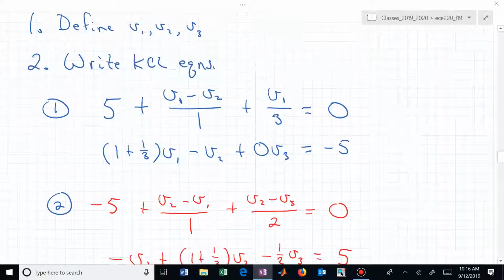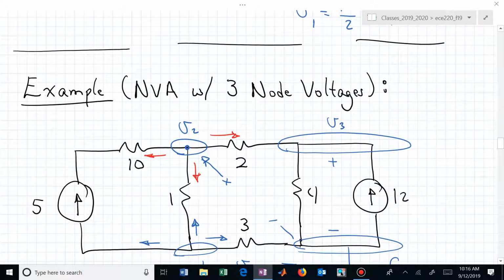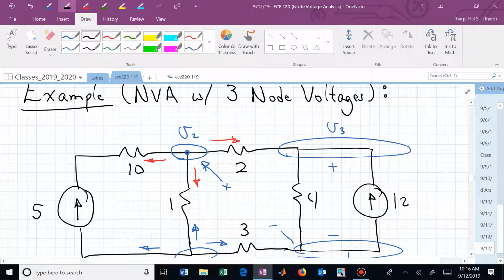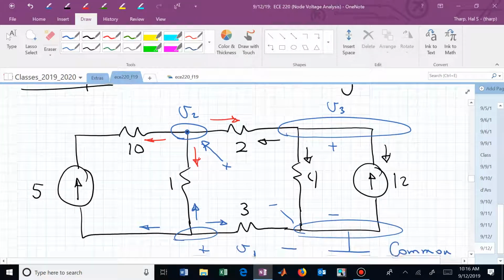What about node 3? Node 3, I have this current, I have that current, and I have that current.